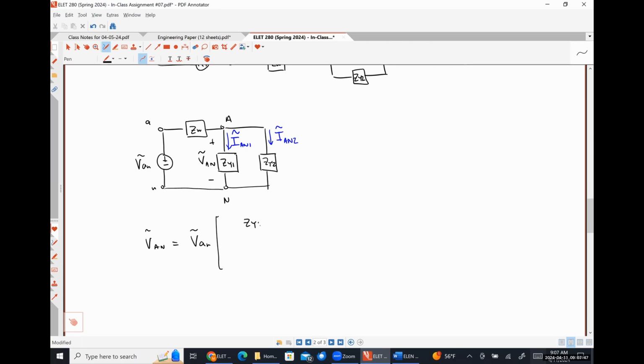So I'm going to write that as ZY1 times ZY2 over ZY1 plus ZY2, divided by the total impedance seen by the voltage source, which is just ZW plus that parallel combination of impedances.